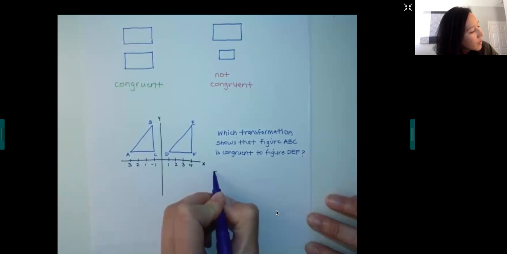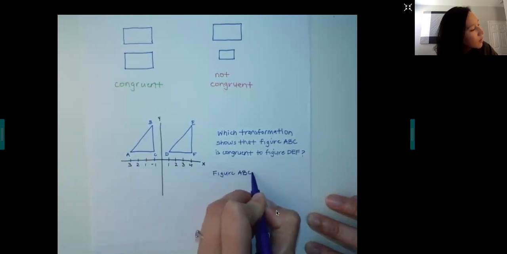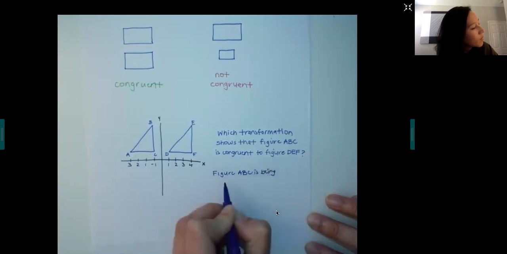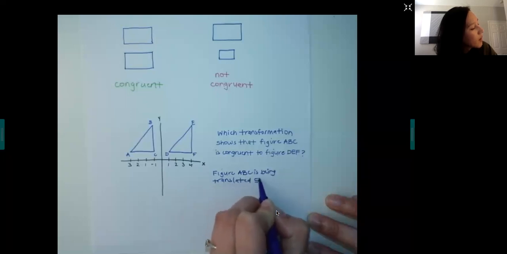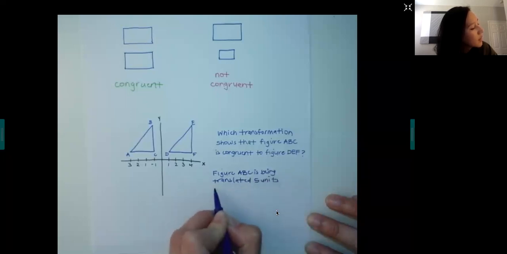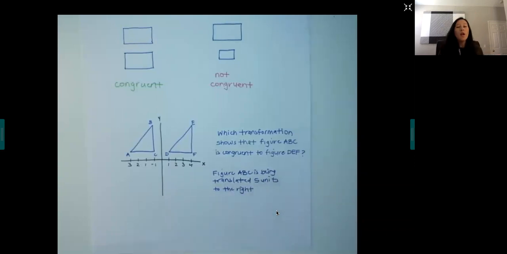So figure ABC is being translated 5 units to the right. You're going to be looking at graphs and determining what transformations took place to give you the congruent figure. So let me know if you have any questions on this workbook.